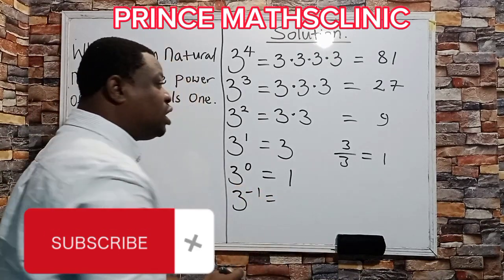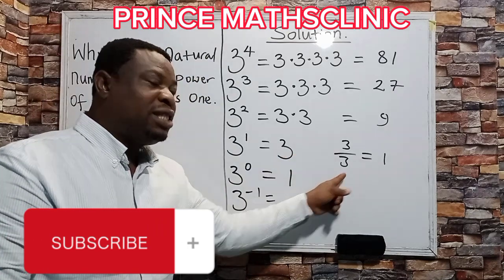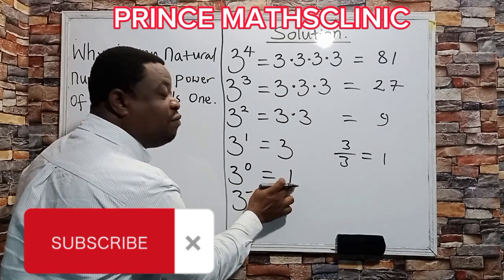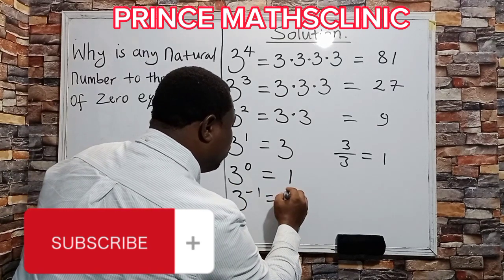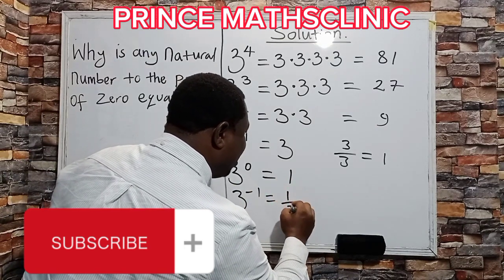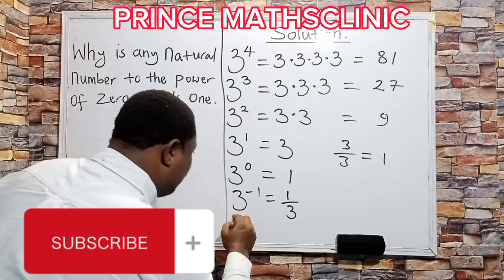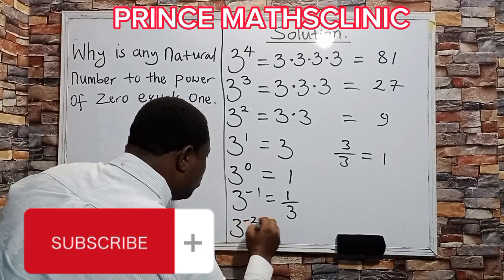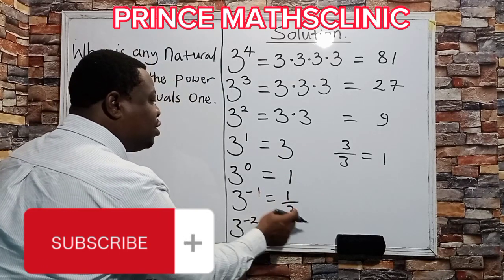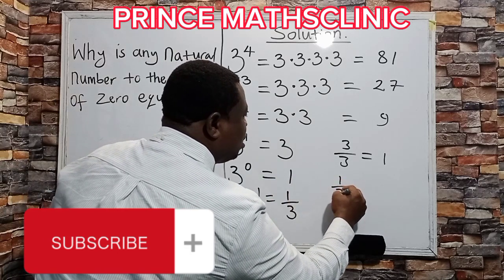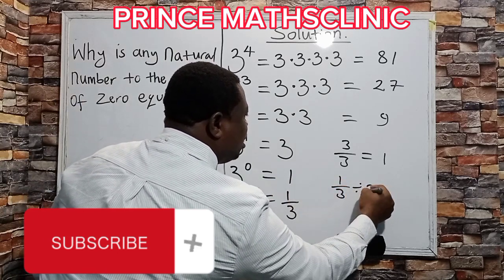Using the same principle of dividing by 3, I divide the result here by 3, and 1 divided by 3 gives 1 over 3. Let me take it a bit further. If I have 3 to the power of negative 2, I divide the result by 3: 1 over 3 divided by 3.